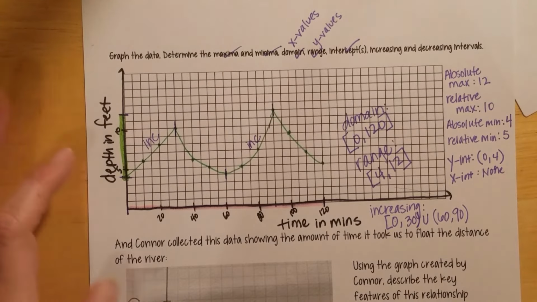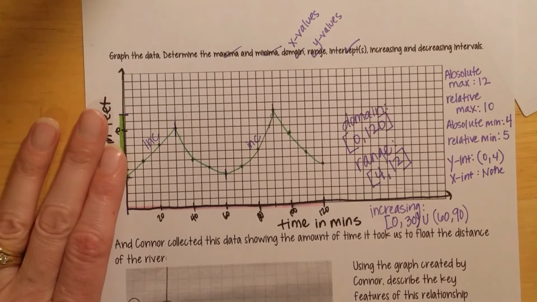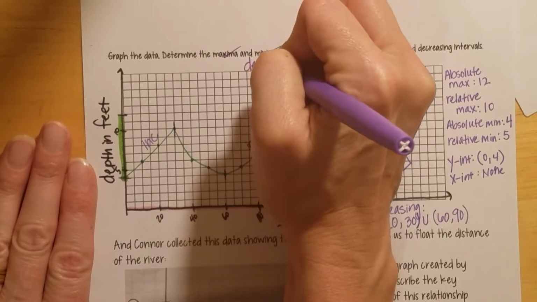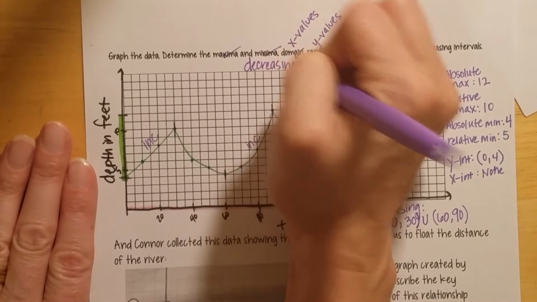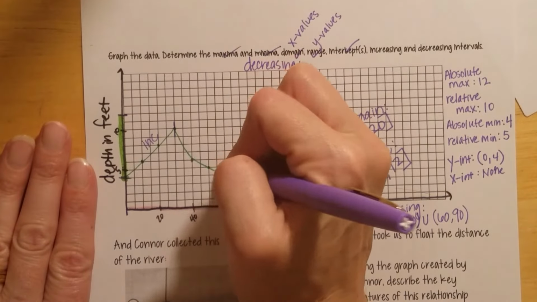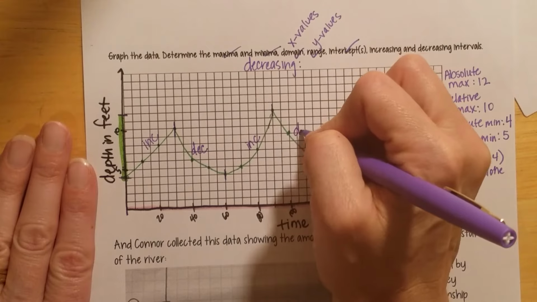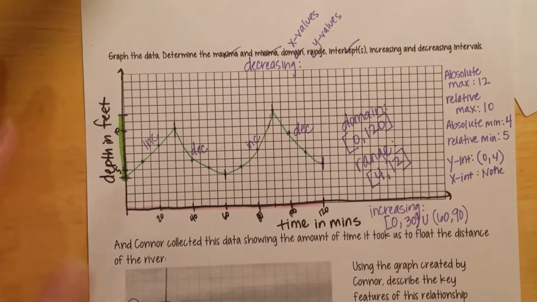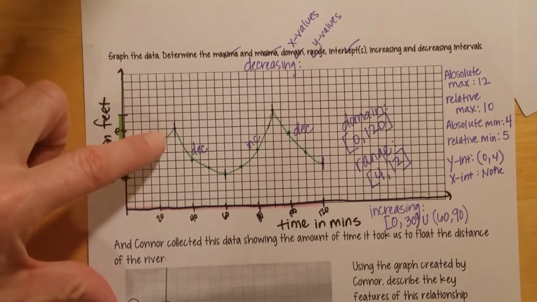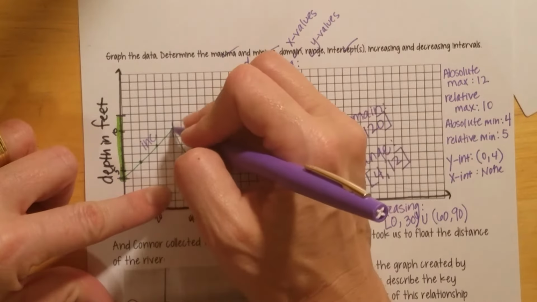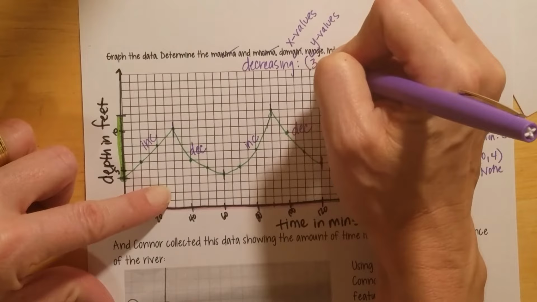Okay, now my decreasing, where am I going to write my decreasing? We'll write decreasing right up here. Okay, my decreasing is happening here to here, so this is a decrease, and from here to here, which is a decrease, stopping here. So my first interval of decreasing starts at 30, but it's a point of change, so it's not included.